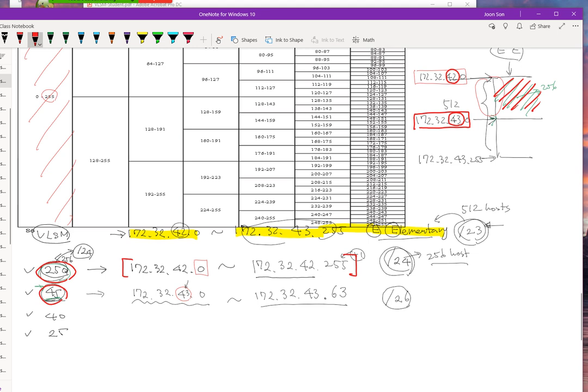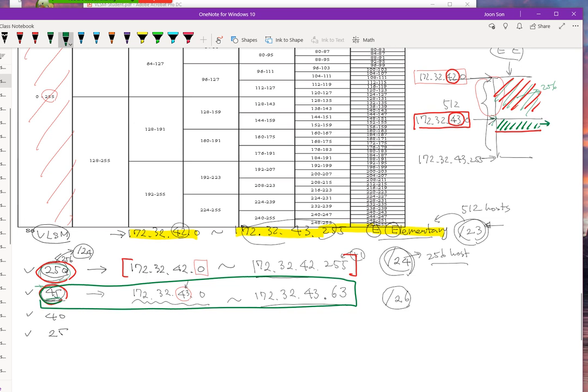So it's up to here. I'm going to use a different color. This is the 45 network. Right, this is for the 45. Okay. So yes, that's the answer.